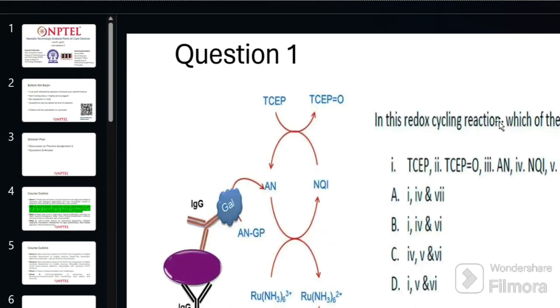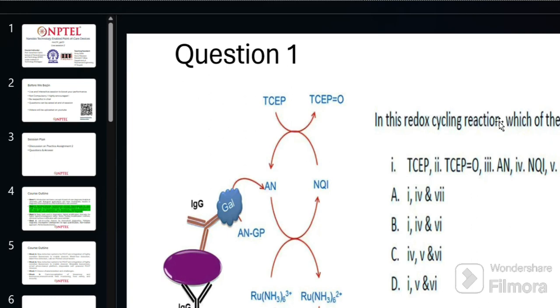Coming to the first question, basically you are being given a reaction. Here you have an analyte being detected by the primary antibody. Then we have a labeling antibody with a labeling element.